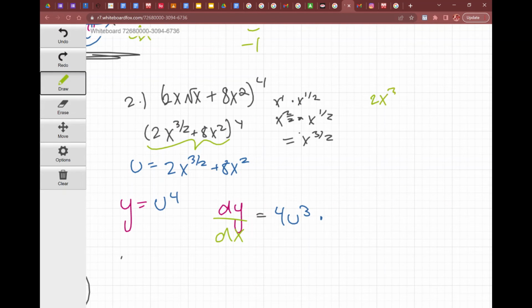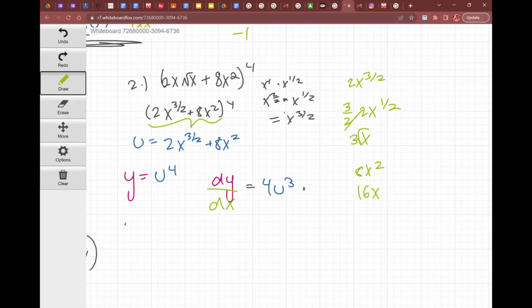First term, 2x to the power of 3 over 2. That's simple, right? That's going to be 3 over 2 times 2x to the 1/2 by power rule, so that's going to be 3 root x. Now, 8x squared is also pretty simple. That's just going to be 16x by power rule. So it's going to be 3 root x plus 16x is my derivative fully.